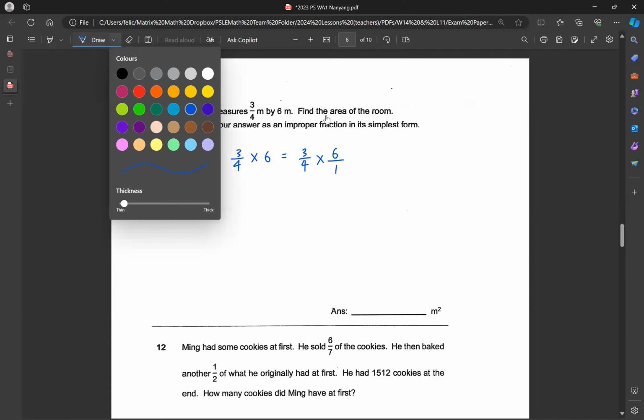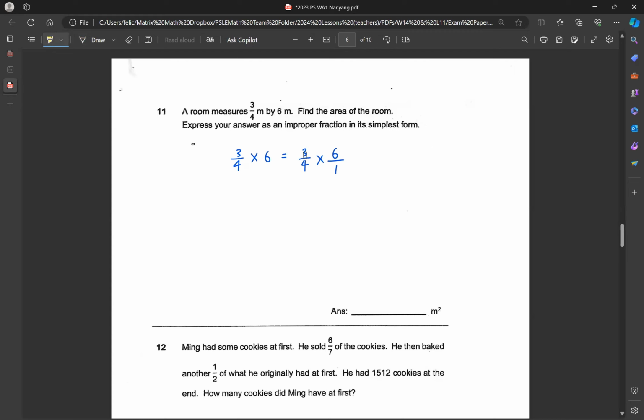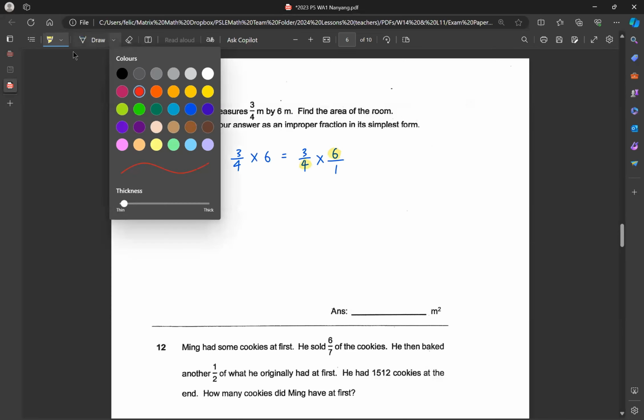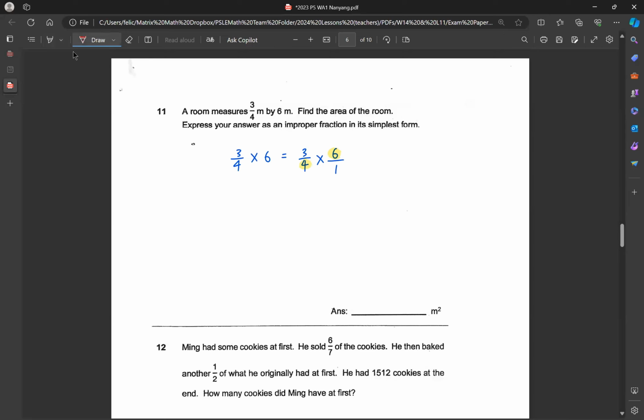All right, then check whether you can do the diagonal cancellation. So 3 and 1, okay, 3 and 1 at this point, I think is nothing to cancel, right? If you look at it diagonally, all right, but if you look at 4 and 6, I'll highlight this, 4 and 6, we can cancel something. Both have a common number to cancel away. All right, so 4 and 6 both can divide by 2.